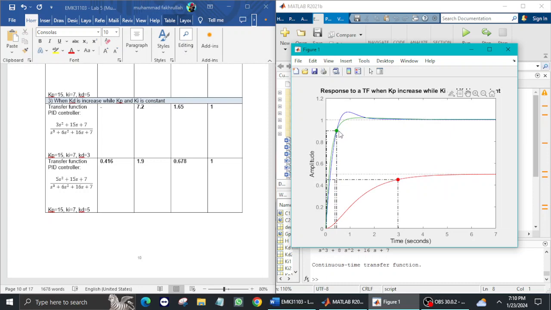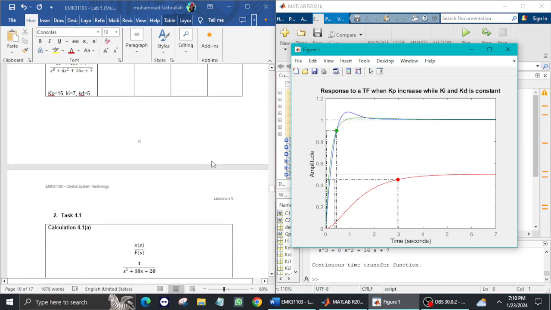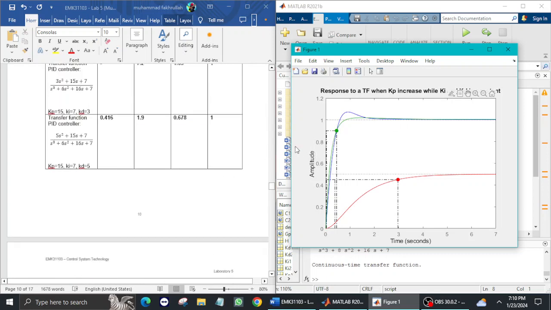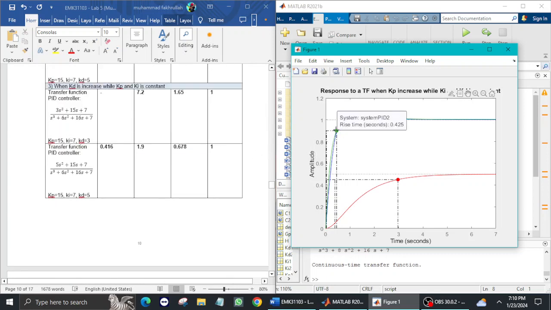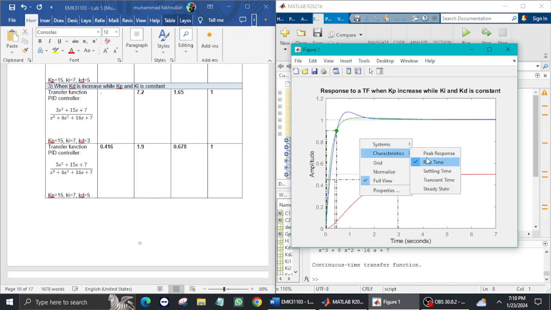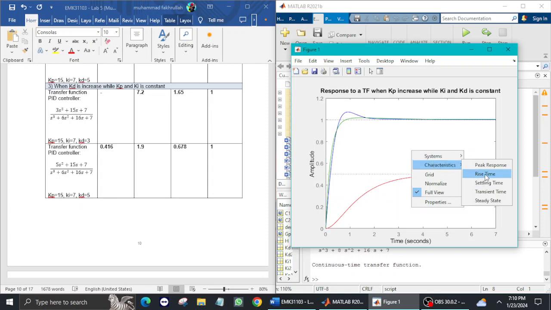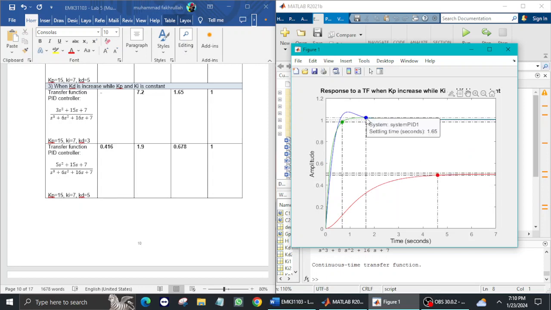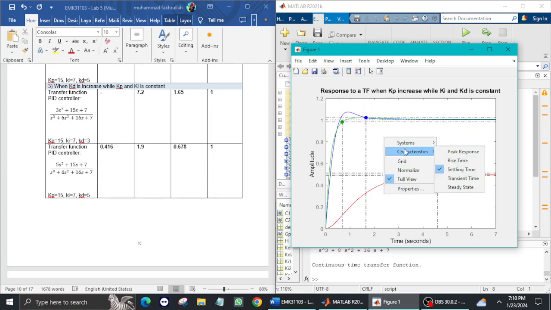For the rise time, I get 0.425. The PID1 doesn't have a value. After that, for the settling time, the value I get is 1.65, and for PID2, I get 0.678.